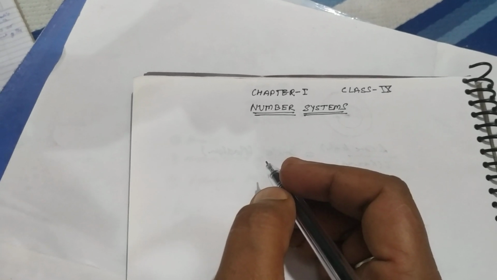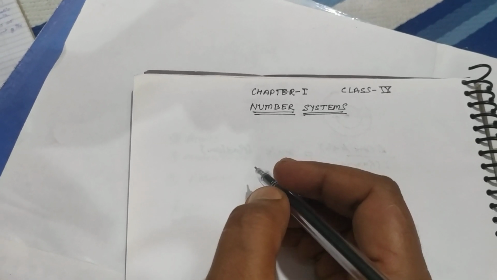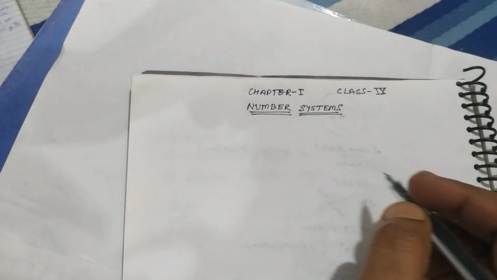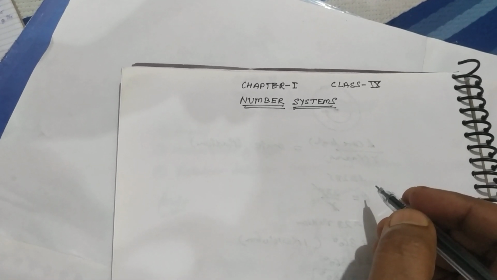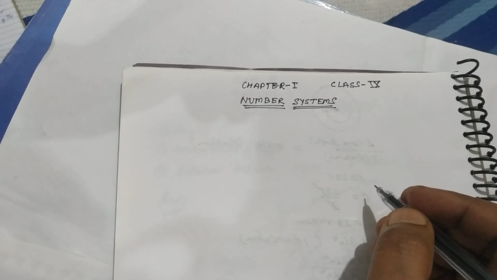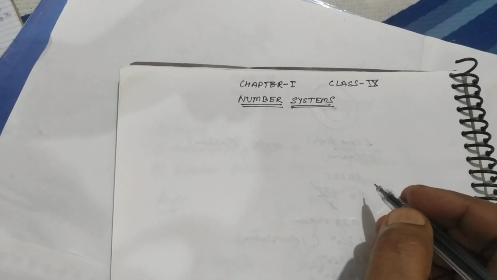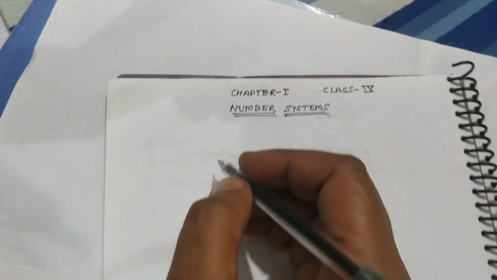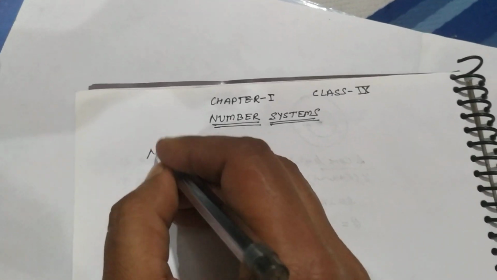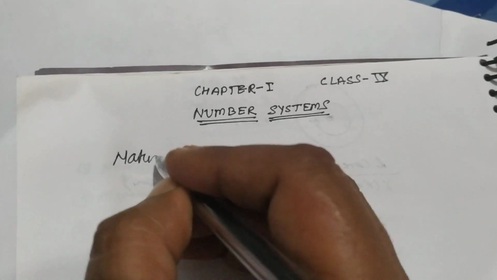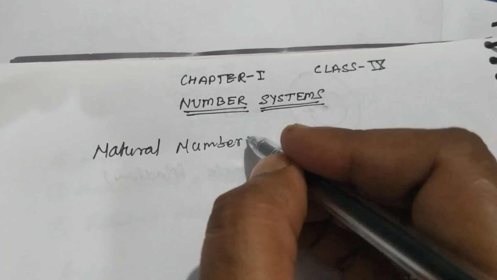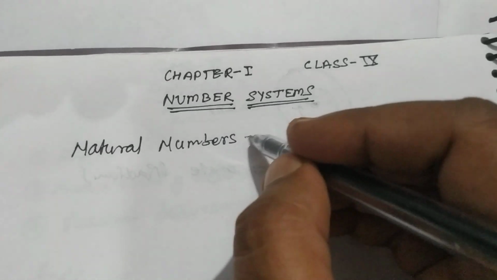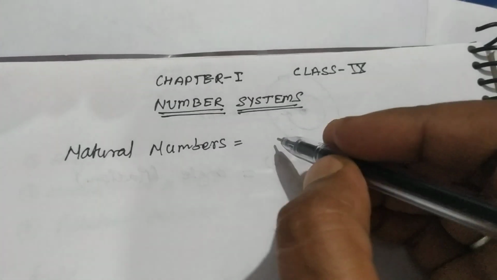Today we will discuss the chapter first, number system. Students, we are already aware of the natural numbers, whole numbers and integers. We have already studied them in the previous classes. Natural numbers start from 1.